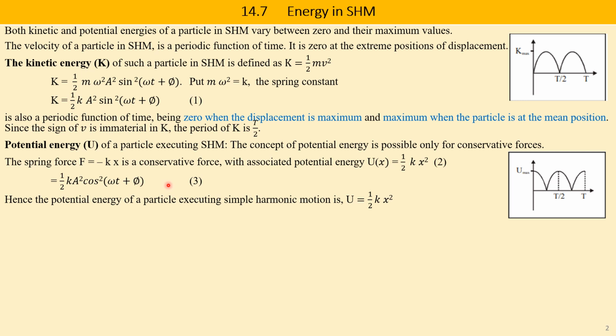Let it be equation 3. The plot of equation 3 versus time is shown in graph 2 on the screen. Here on the x-axis we are plotting the time t, and on the y-axis it is potential energy. Hence, we observe that the potential energy is also a periodic function.